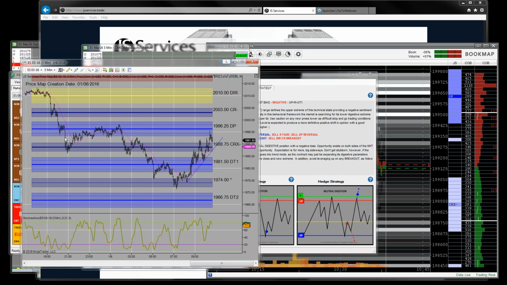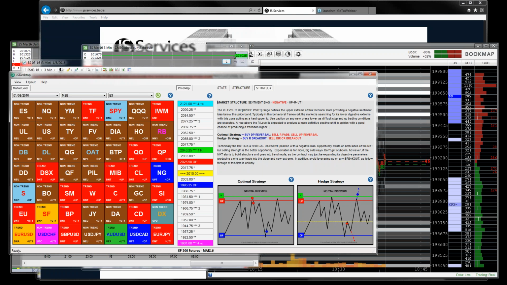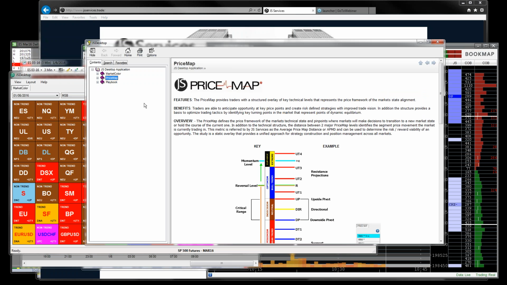So here was our trigger that the market failed from this downside pivot. Now for the reversal, the market would need to get back above that variance, and then that's telling you it's a false breakout, and then we can go. We never had that. It never gave us that. All it did was break out to the downside. And then this number that we call our CRX plus, let me just pull up the critical range here.